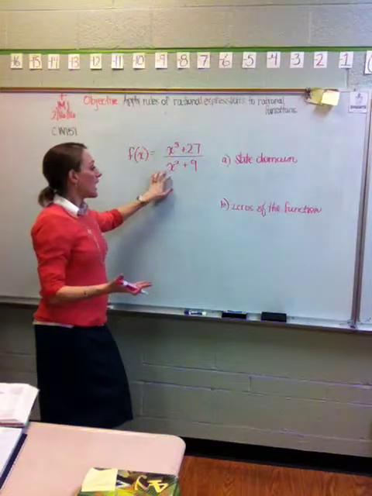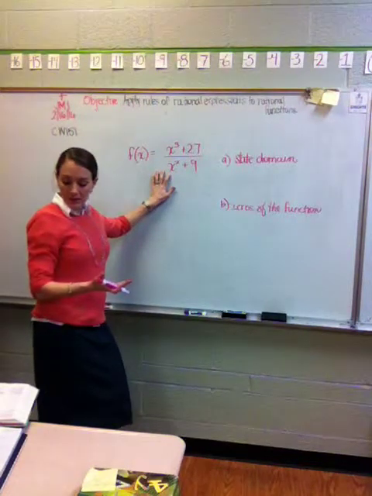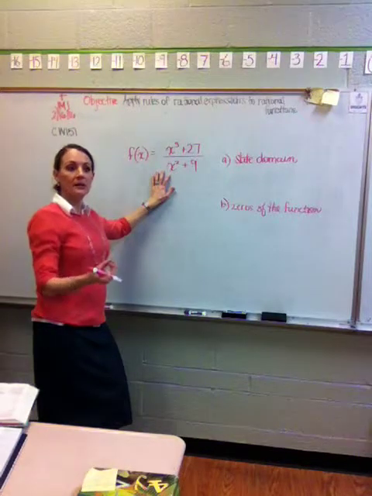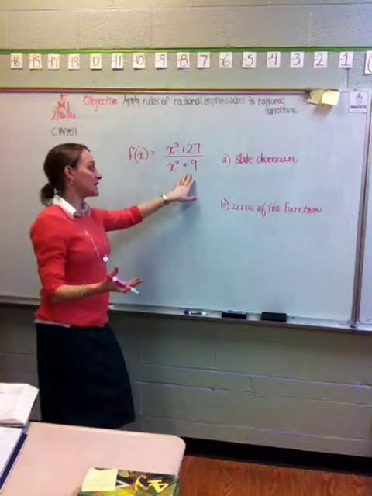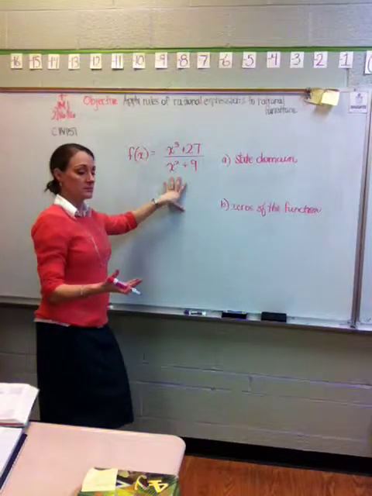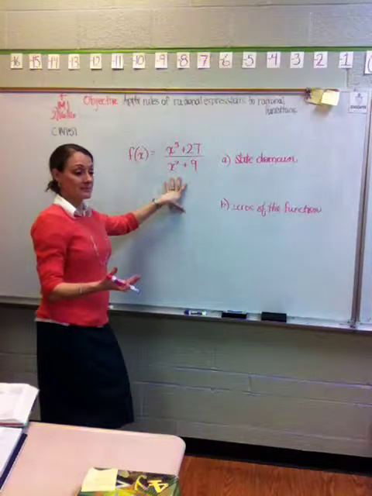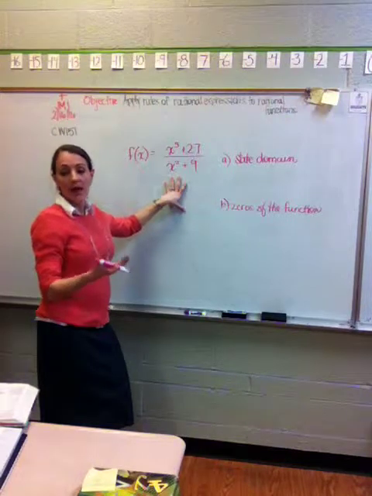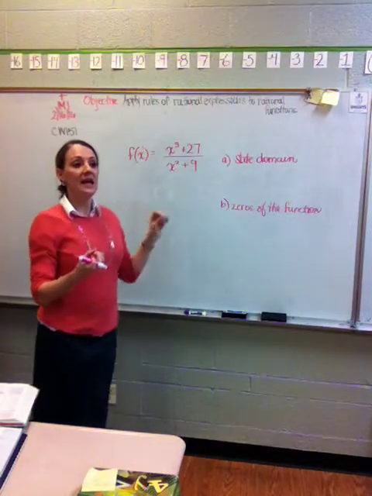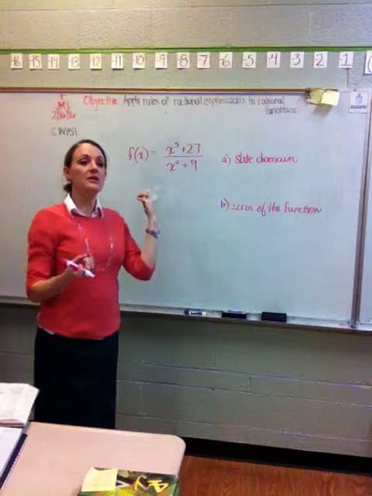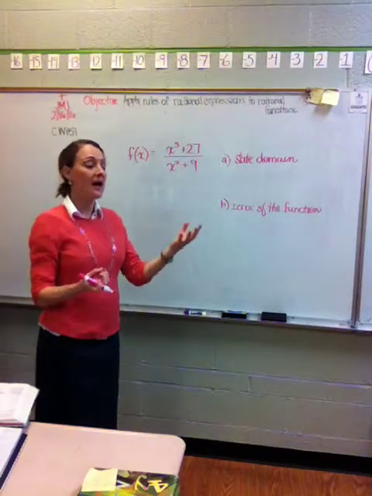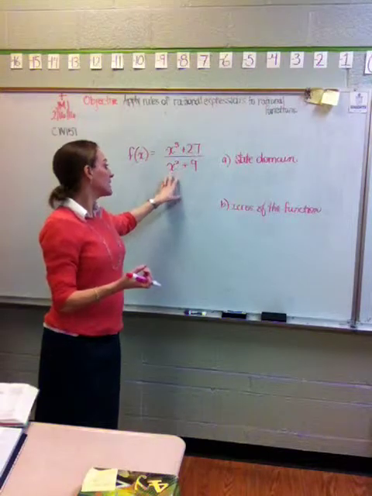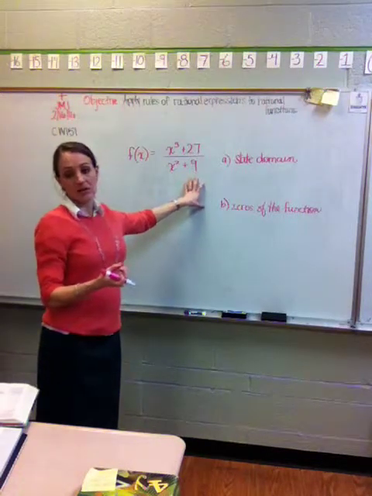So I can put any number in here, and any number squared, and then I add 9 to it, is it going to give me 0? Answer is no. Even if I had -3, -3 squared is -3 times -3, and that would give me 9 plus 9, which will give me 18.